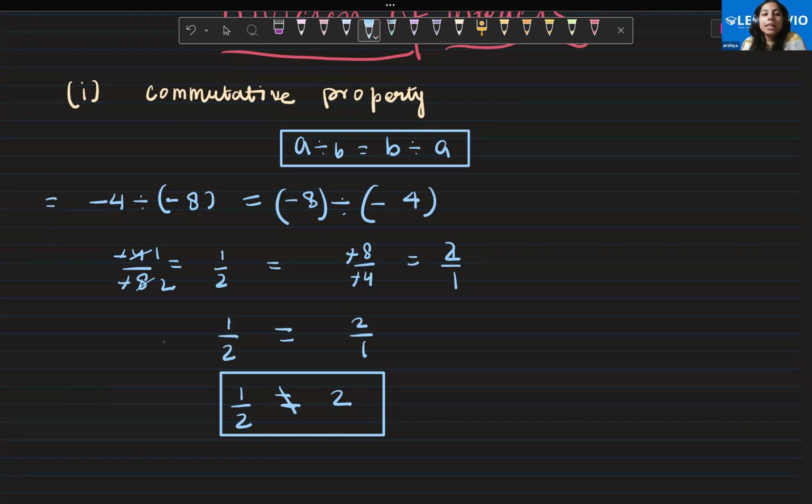In this case, we are getting a rational number, or you can say a fraction, and in this case, we're just getting an integer, which means they are not equal. So that is why this property is not valid for division. Is that clear now? Yes, ma'am.